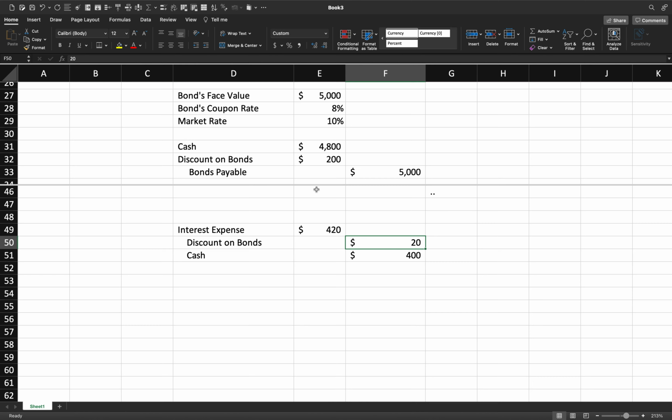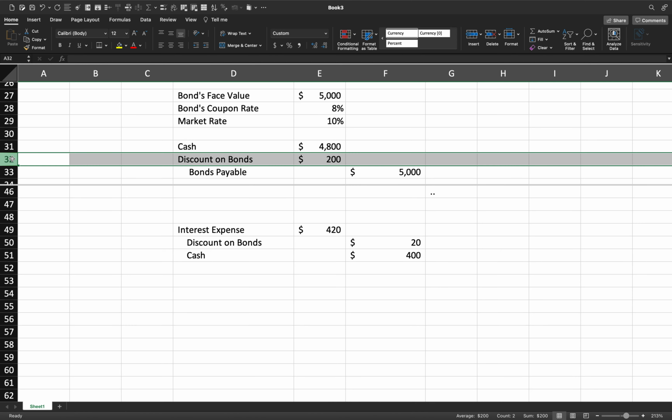And 200 in credits would have destroyed the 200 in debits on this account at the end of this term. So this line would cease to exist. And all we would have is this bonds payable left on our liability section, which we're going to pay with cash and get rid of it.